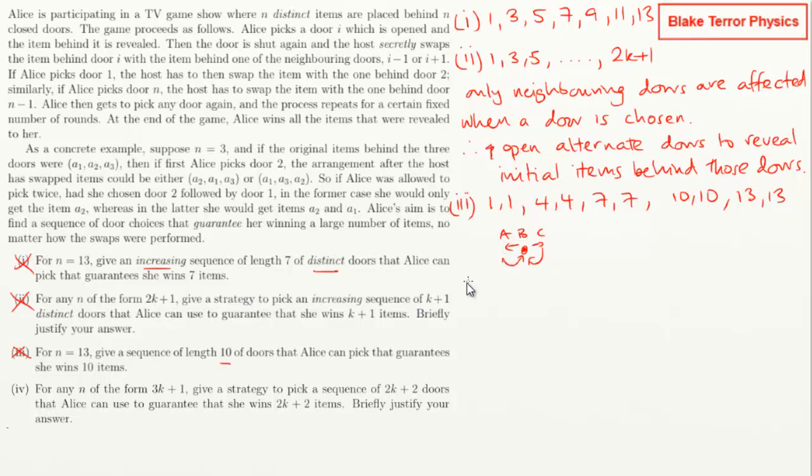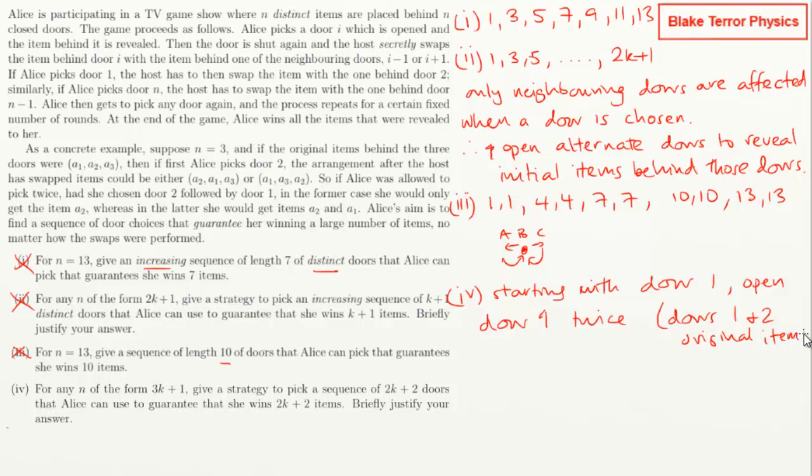So we want to say for part 4, so starting with door 1, yeah, we want to open every third one twice. Starting with door 1, so open door 1 twice, which gets us doors 1 and 2, 1 and 2, original items.